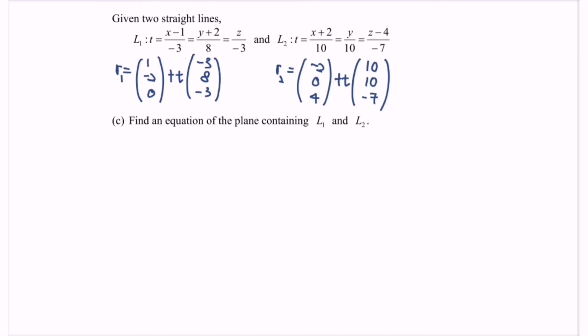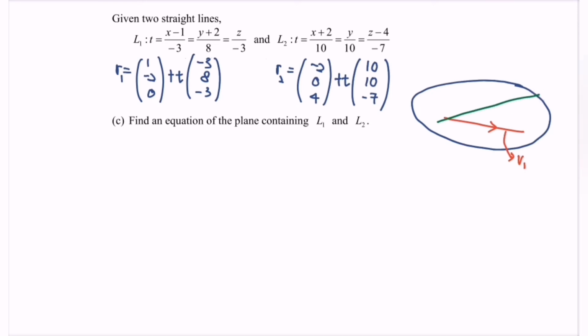C. Find the equation of the plane containing L1 and L2. So kindly refer to the situation. Let's say we have L1, with a point and also the direction, which we name V1. Continue, we have the second line, with the point (-2, 0, 4) and also V2, which is (10, 10, -7). In order to find the plane, we must have r dot n equals a dot n.